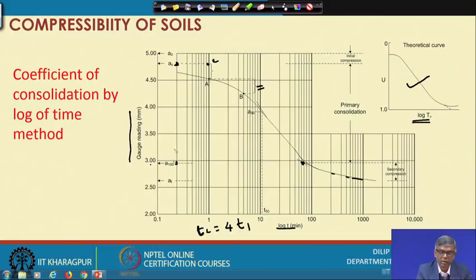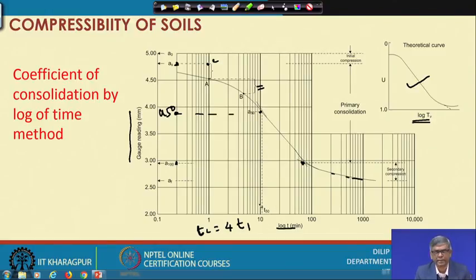This rate may not be uniform, but if I take 50%, we are supposed to get the average. Because of that, between this and this we find the midpoint, and from there I project onto this curve, and this is suppose A50, which gives the corresponding T50.